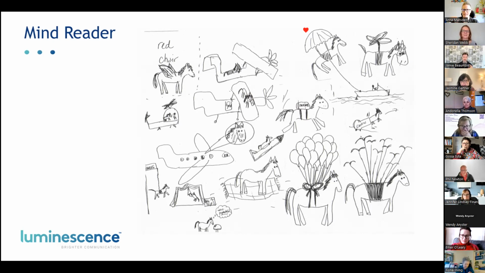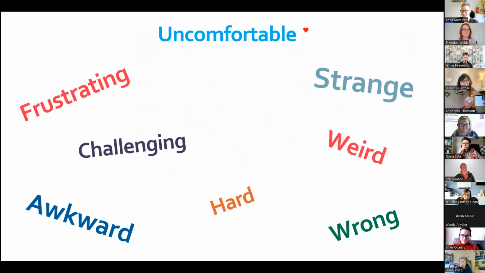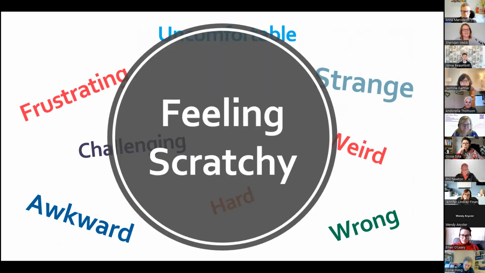But if someone says write with your other hand, it's really hard, scratchy and uncomfortable, and all the things that we said about feeling scratchy: frustrating, challenging, awkward. Sometimes people say it's weird and strange. If you write with your non-dominant hand for a minute every single day, after a week, you'll be able to write much better.